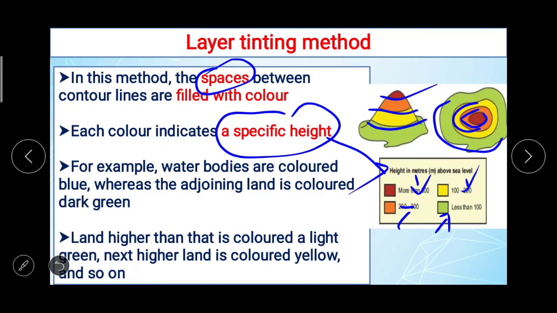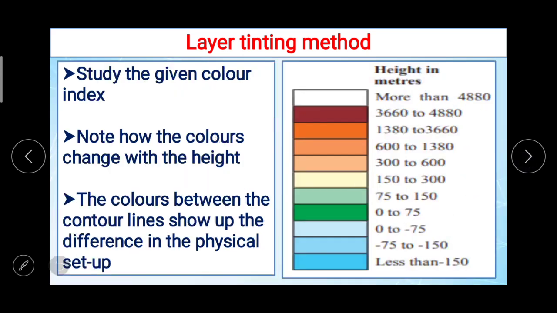For example, water bodies are colored blue, whereas the adjoining land is colored dark green. In the next, we can see that next figure, land higher than that is colored a light green, next higher land is colored yellow, and so on here. In this figure, here water bodies are colored blue, so these are the water bodies.